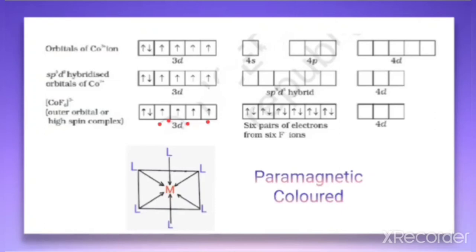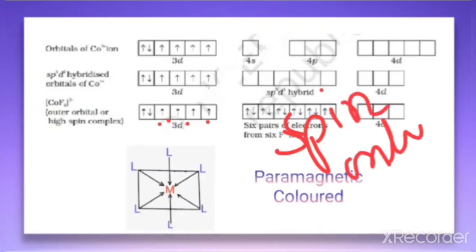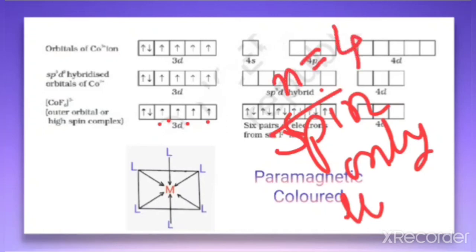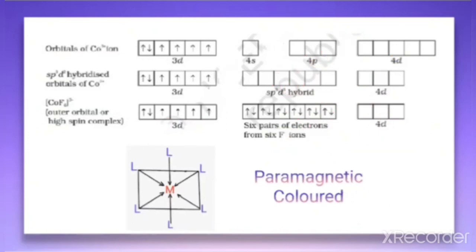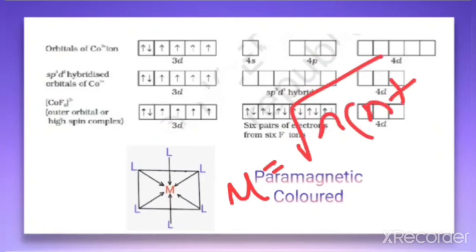When you want to find the magnetic moment, you have to use the same formula which we have learned in the d block chapter, the spin only formula, where n is the number of unpaired electrons. Here it is 4. If you remember that formula, it is mu equals root of n(n+2).